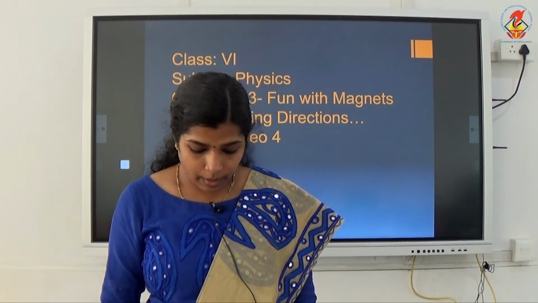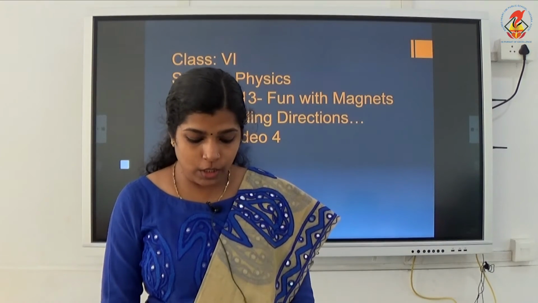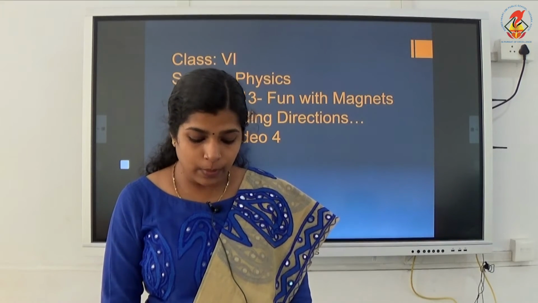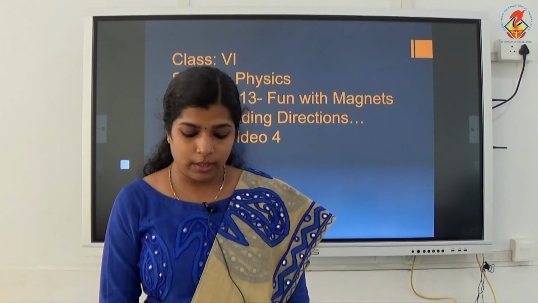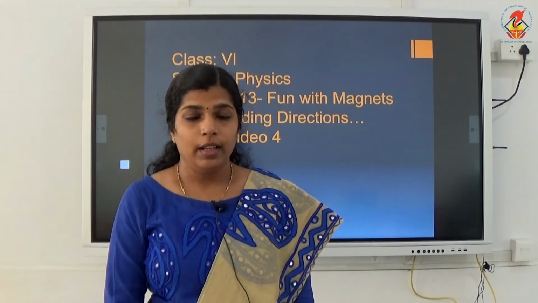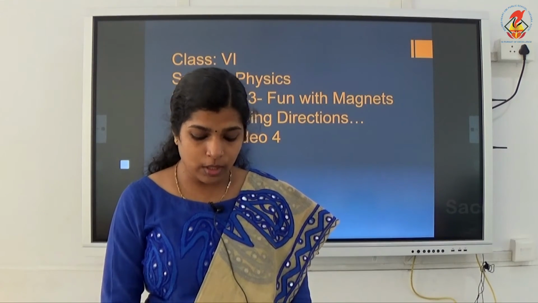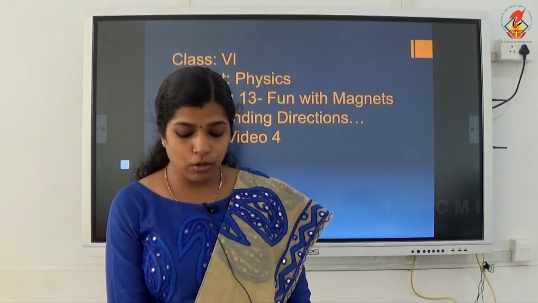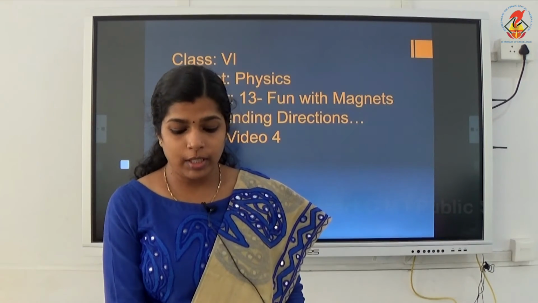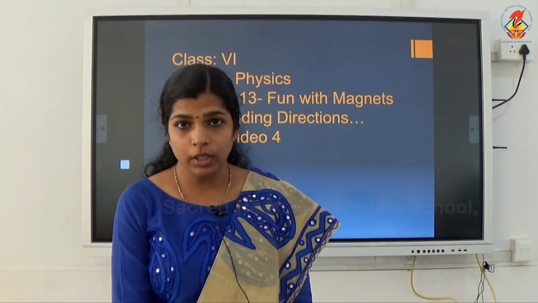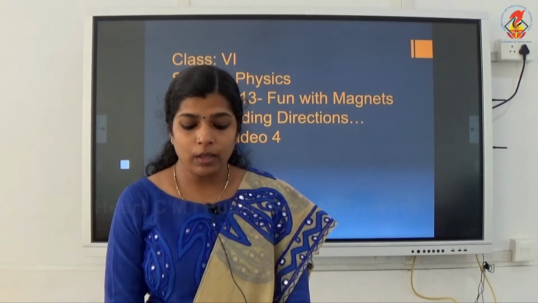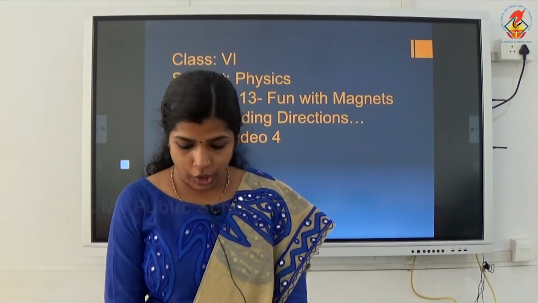A compass is usually a small box with a glass cover on it. A small magnet in the form of a needle is pivoted inside the box, and it can rotate freely. A compass also has a dial with directions marked on it. The compass is kept at a place where we wish to know the direction.